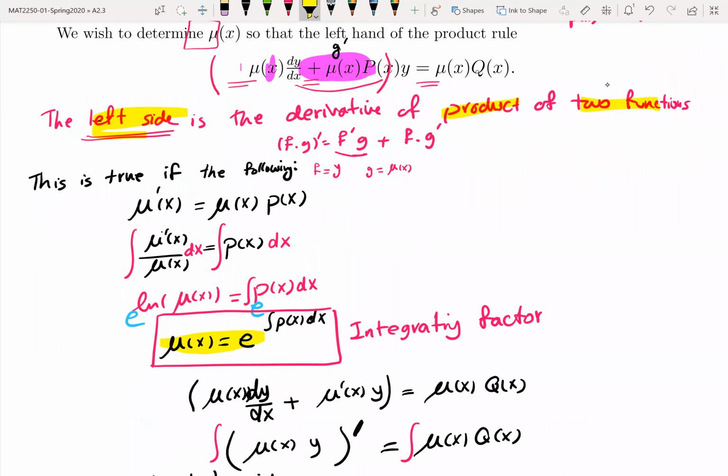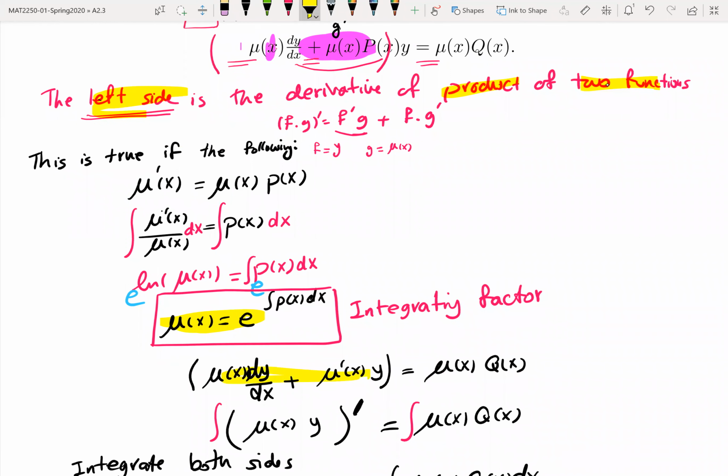It was just based on that fact. So for every single equation, when I'm writing the left side, it's just really the product rule: the derivative of y in terms of x times the mu, and the derivative of the mu times the y is right over here. So it's just two terms.